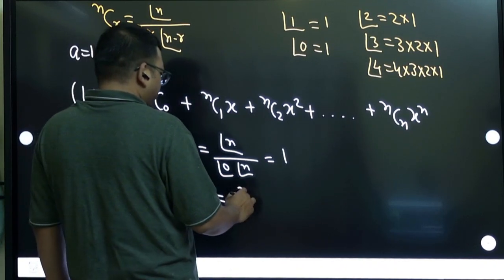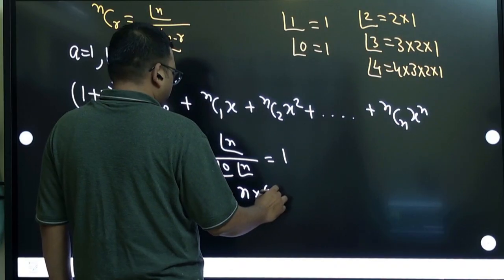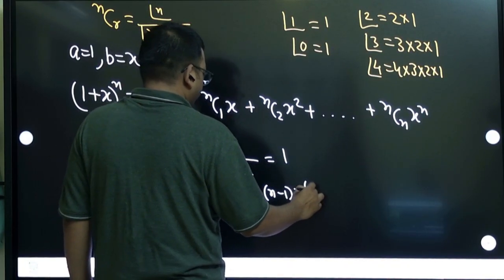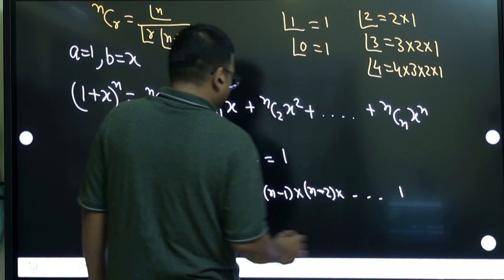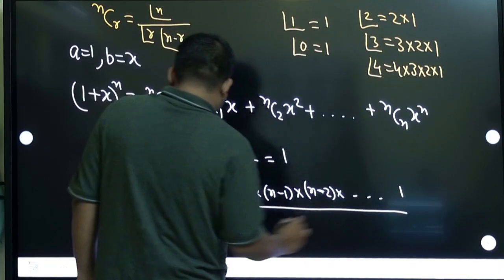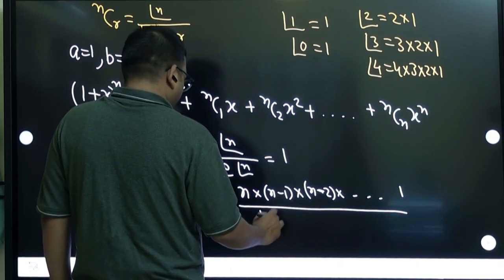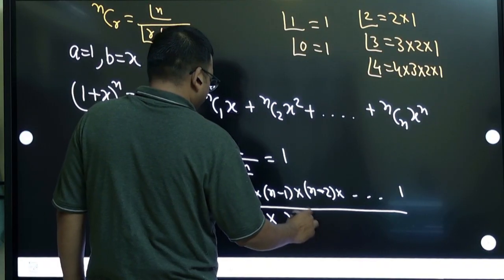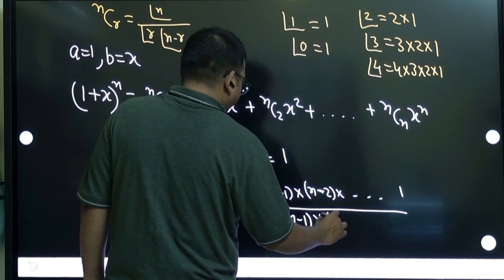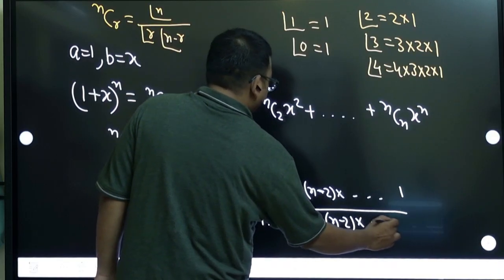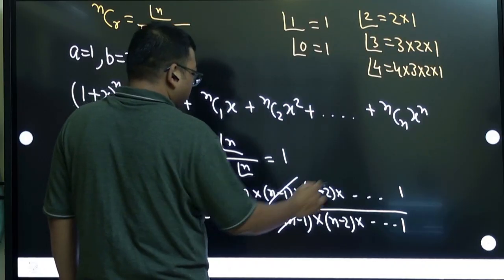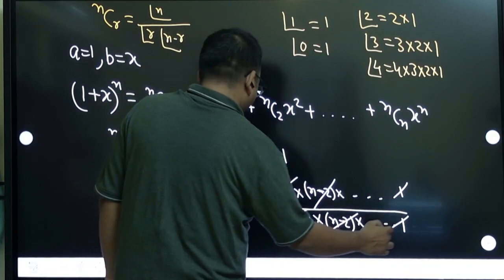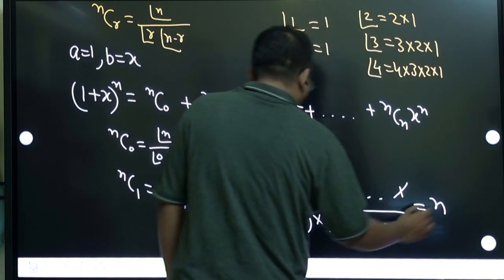So n factorial means n into n minus 1 into n minus 2, like that we'll keep on writing up to 1. Similarly, here 1 factorial means 1. N minus 1 factorial means starting with n minus 1, then n minus 2, like that we'll keep on writing up to 1. So everything else will get cancelled here, and you will be left with only n.